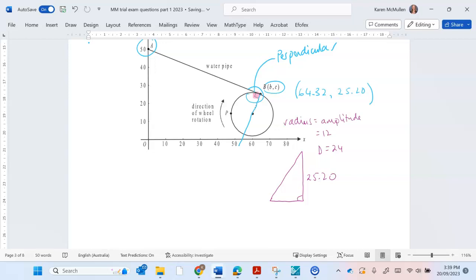Alright, so the gradient of the line AB. Now we worked that out before, I think, or we can just do it here. So our run is 64 point.